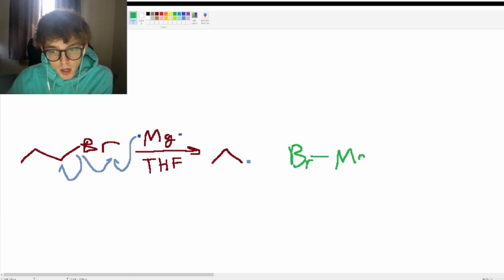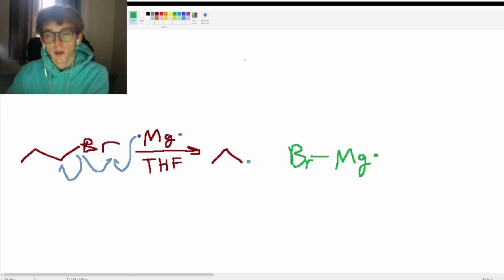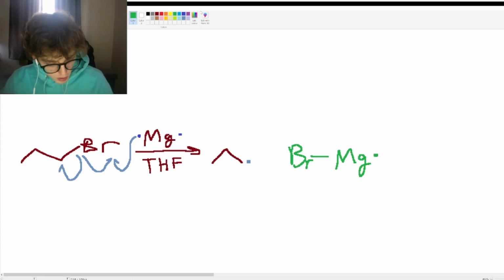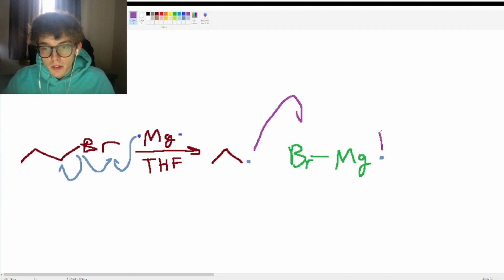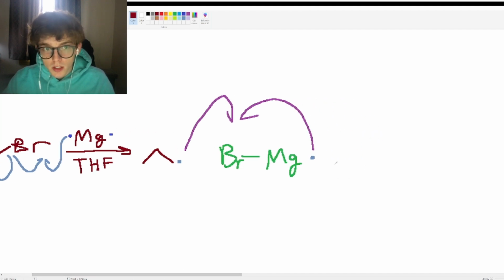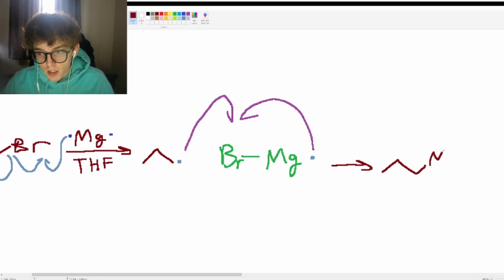It's going to form a bond, and you'll see that magnesium will still have that second electron it can use, and that's key to this reaction here. So they're going to couple like this, and we're going to get our final little product here, which is our Grignard reagent. So magnesium, bromine.